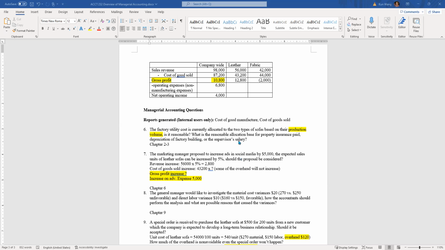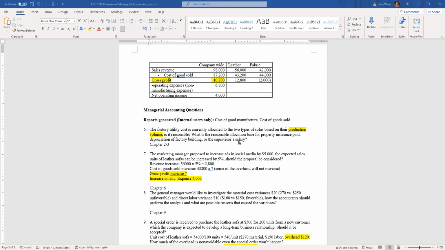For example, number 6, ask further about the overhead allocation. The general manufacturing overhead: remember those depreciations, utility costs, or the supervisors of the factory. All of these expenses are captured by the manufacturing overhead for all of the products and departments involved.